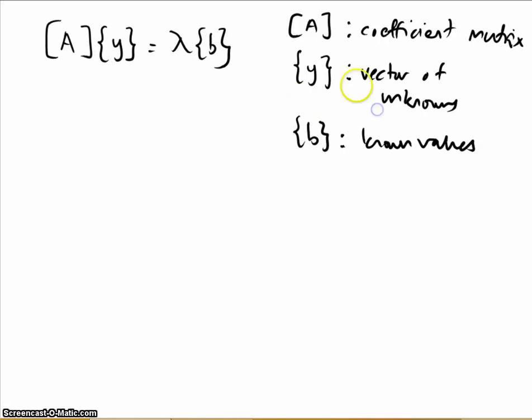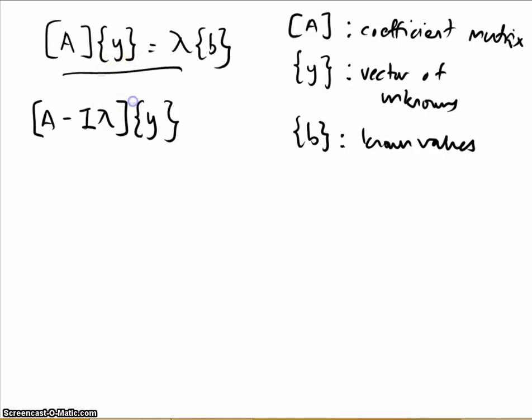What is different with this system compared with the system of linear algebraic equations that we have solved in lecture 3 is that it contains a scalar lambda. So I can also rewrite this equation as (A − λI) multiplied by y, and this would equal 0. I think I got this wrong. This should be y.